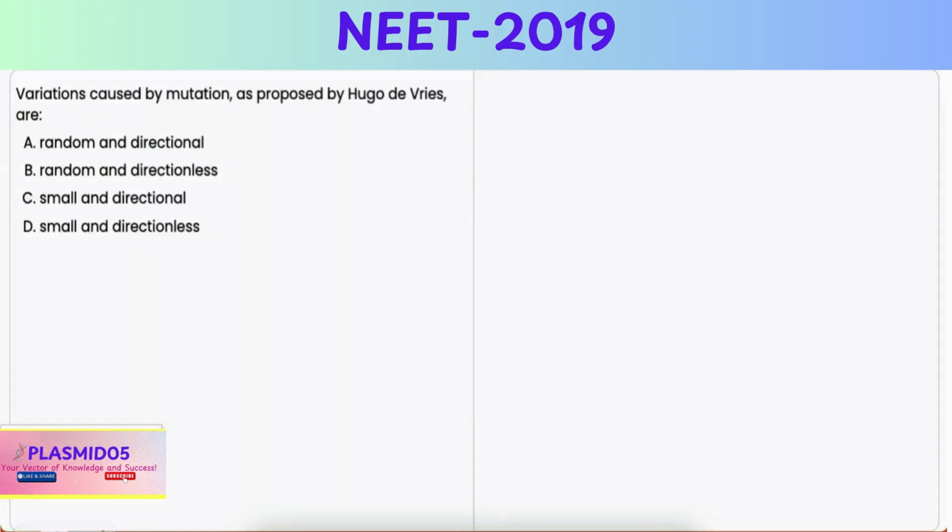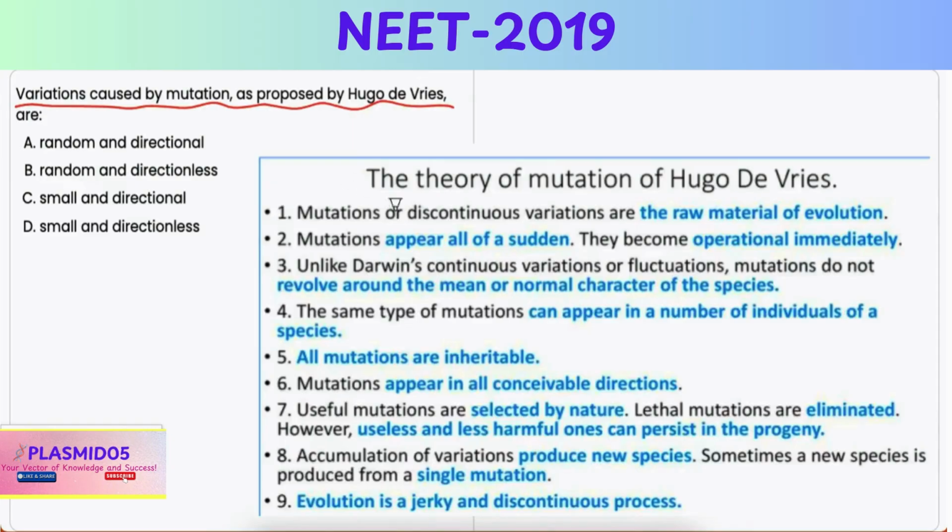In this question, you have to identify the nature of variations caused by mutations as proposed by Hugo de Vries. Option A, random and directional. It is incorrect. Mutations are random changes in the genetic material, but they do not occur in a way that leads to a specific direction. Option B, random and directionless.